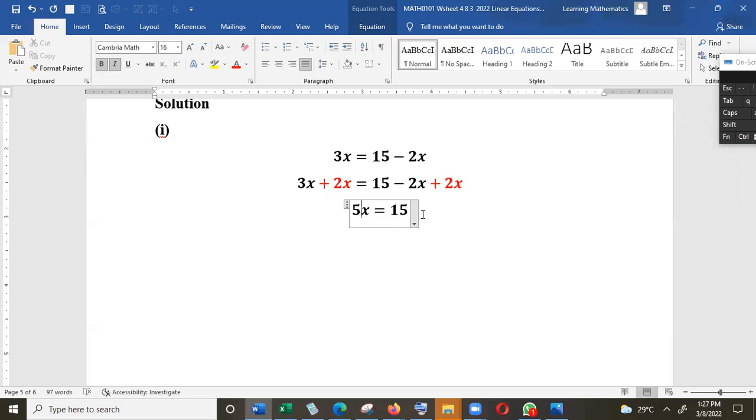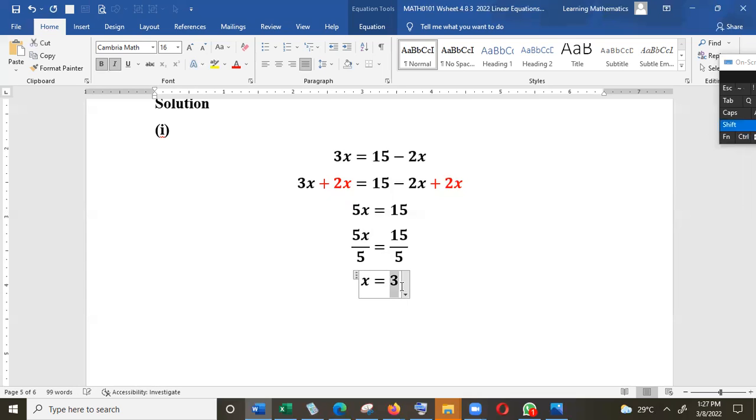So what we can clearly do now is to divide. To cancel out the 5, we do the opposite of multiplying, which is divide. And if you divide on the left, we have to divide on the right. And we're going to have x is equal to 3. All right, x is equal to 3.